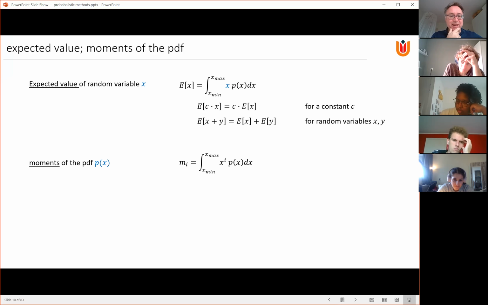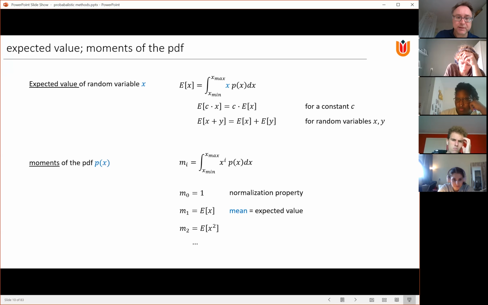And we can generalize this concept to so-called higher order moments. So whereas for the expectation value we have x here multiplied with p of x, we now have x to some power e, and then multiplied with the PDF. So this is the eth order moment of the PDF that we are calculating here.